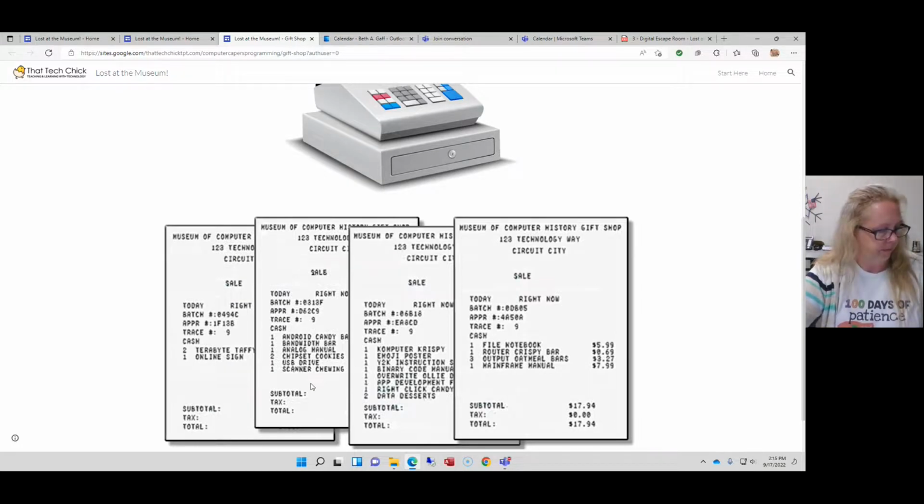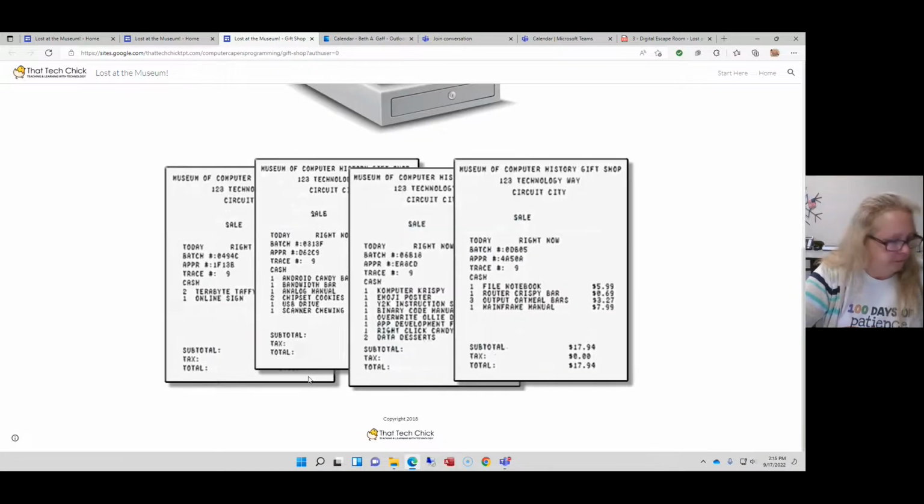Okay. Oh, I see. Okay, so these receipts are from abacus to keyboard.